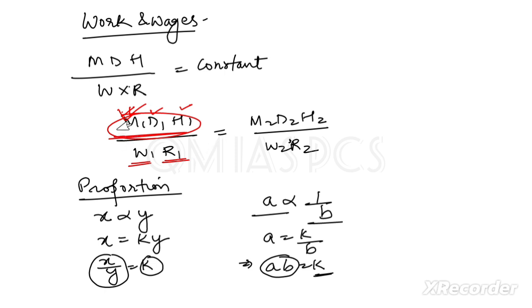If the number of men is increasing, wages will increase, obviously, right? So these three are in indirect or inverse proportion, and whatever is in division form is in direct proportion. Clear? So if you forget this formula, you can correlate it with direct or indirect proportion. Clear? Okay.